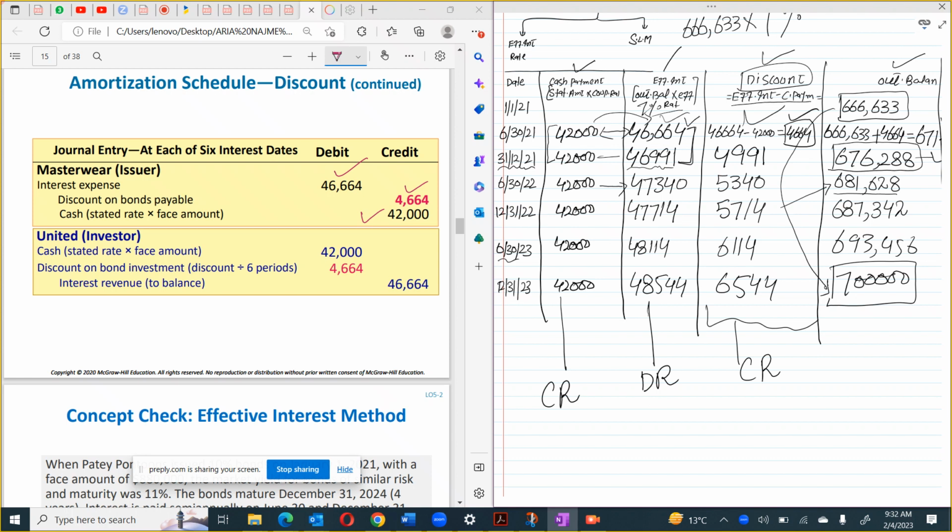Now you have to be careful in the question about what the requirement is. If the requirement is 1 year, then you add both of these. For example, if I ask you what the cash payment for 2021 is, this will be 84.